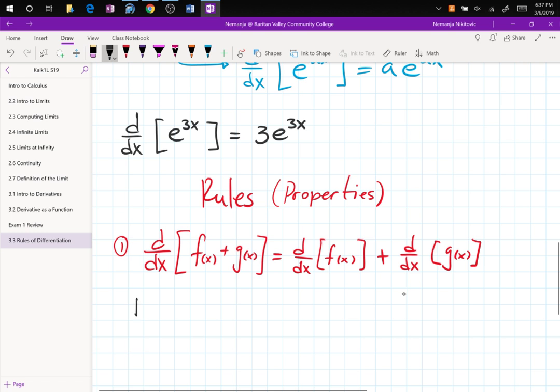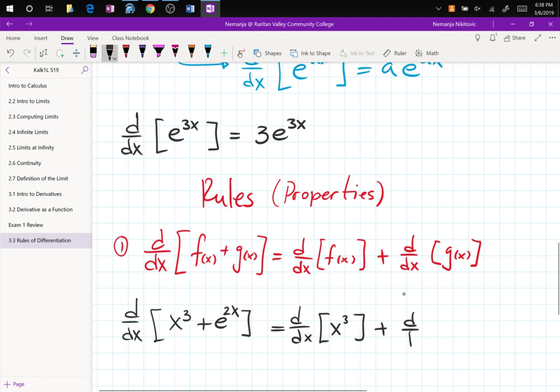So if I had the derivative of x cubed plus e to the 2x, I can differentiate x cubed separately from e to the 2x.